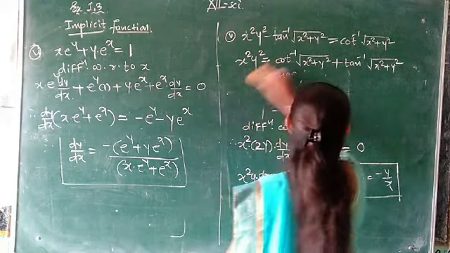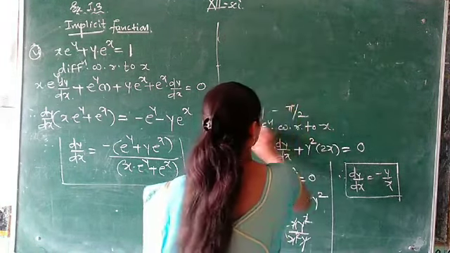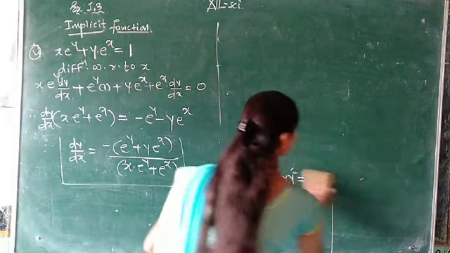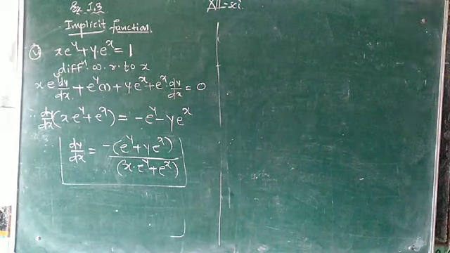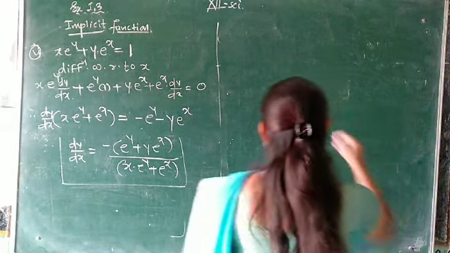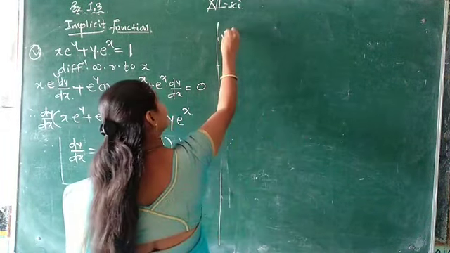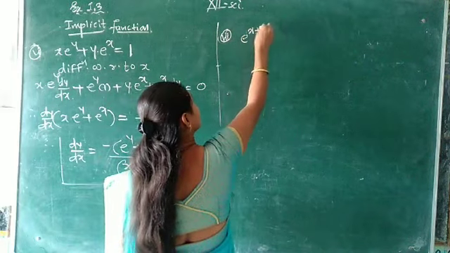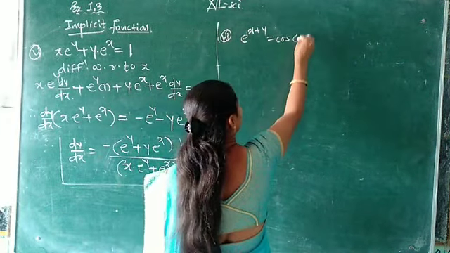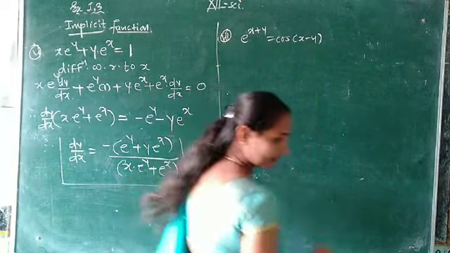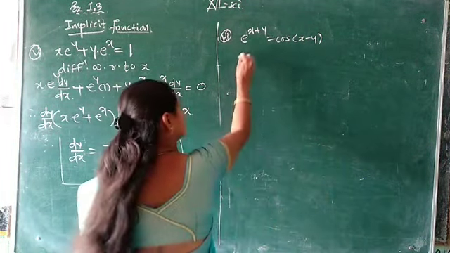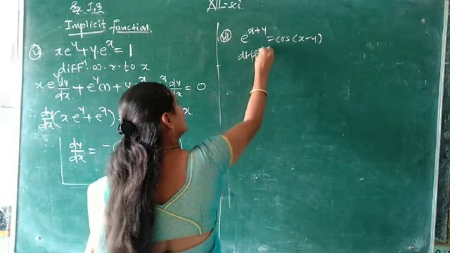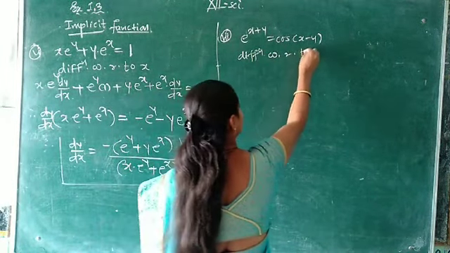e raised to x plus y is equal to cos of x minus y. Differentiate with respect to x.